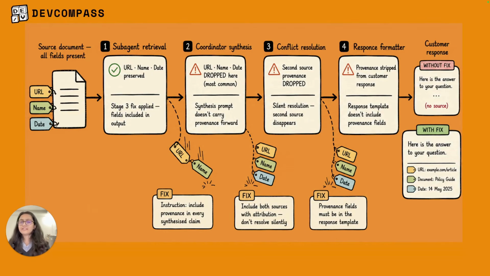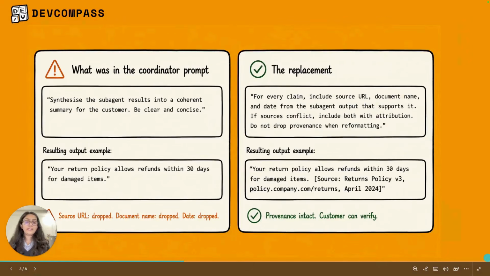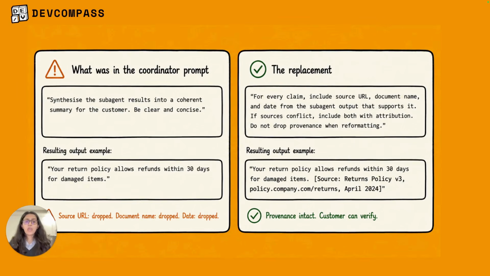So, if the coordinator prompt instruction is the most impactful fix, how is that going to happen? Because the coordinator synthesis step is where provenance most commonly gets dropped. So let's look at the 2 prompts.